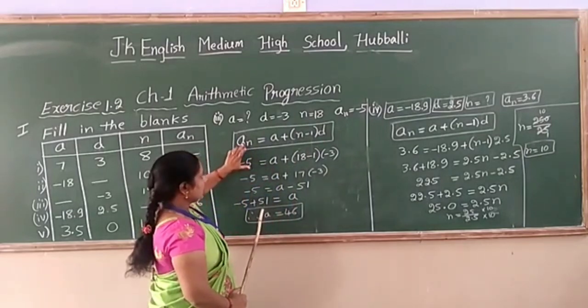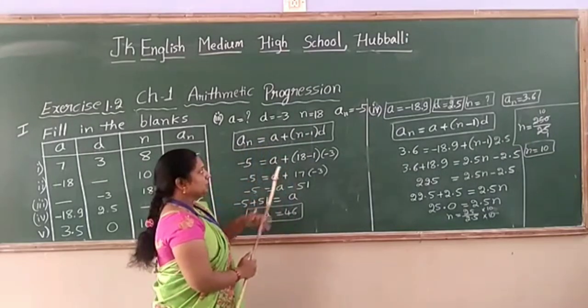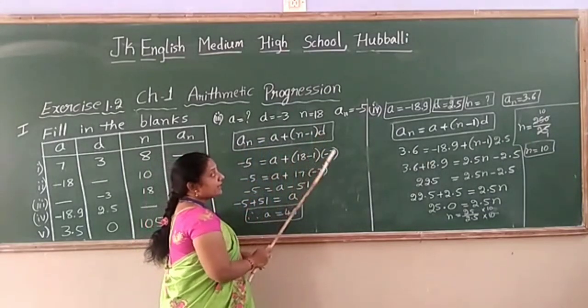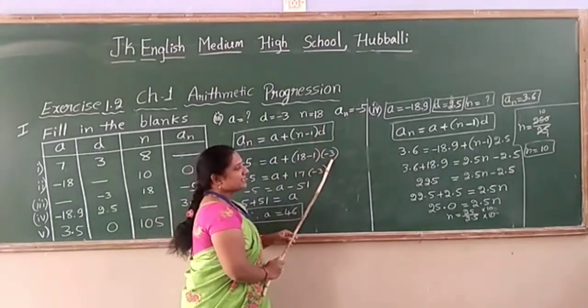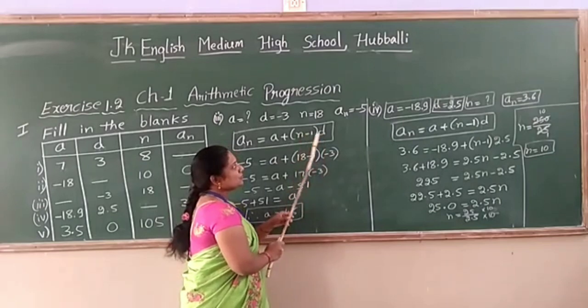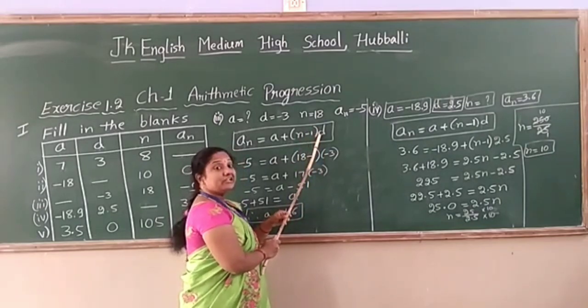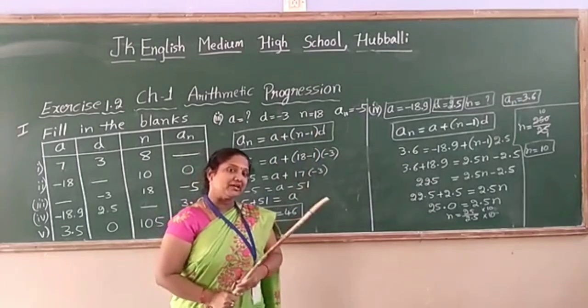Here an value minus 5, a value we have to find out, n value 18, d value minus 3. Be careful. D value minus 3 means here no sign in between these two means multiplication sign, and the d value is negative. When the negative sign comes, you have to be careful.